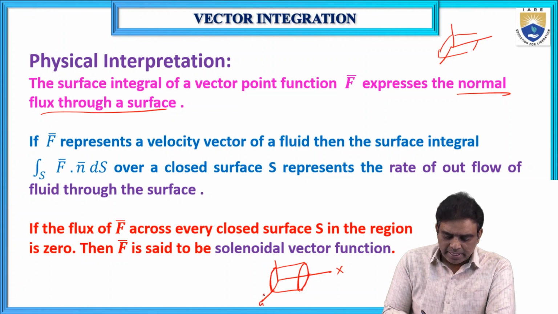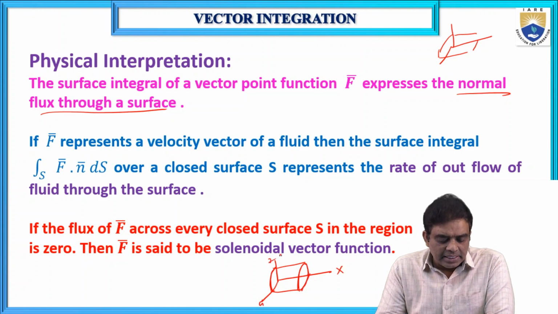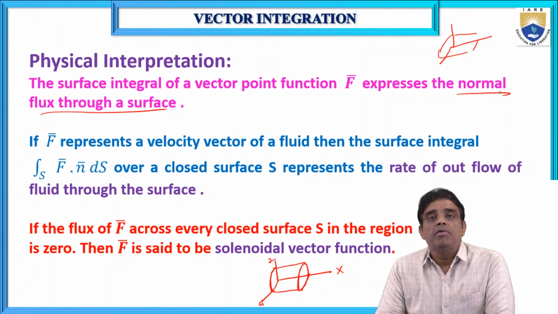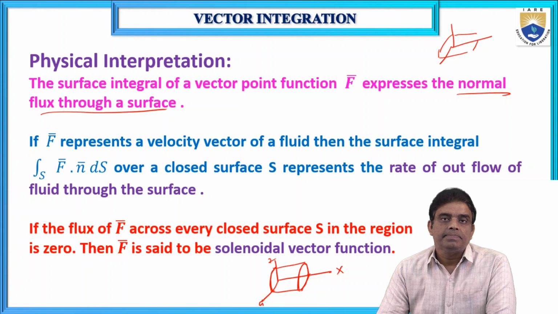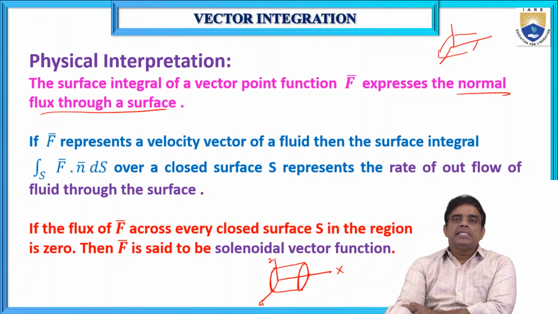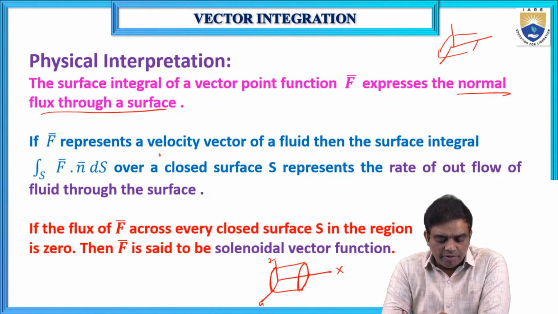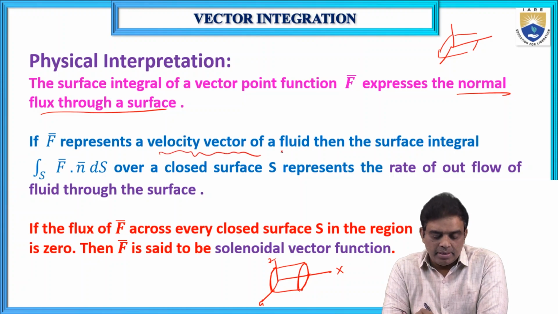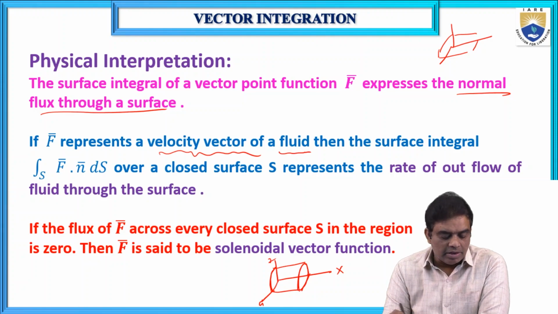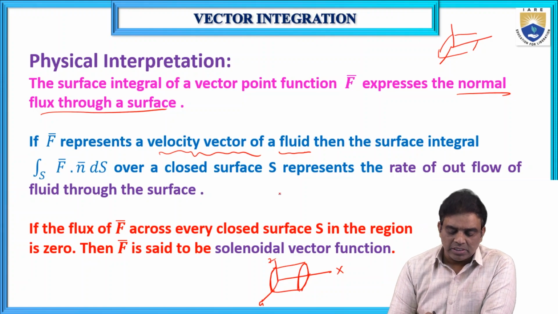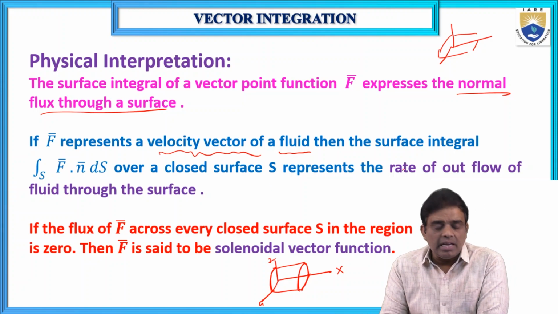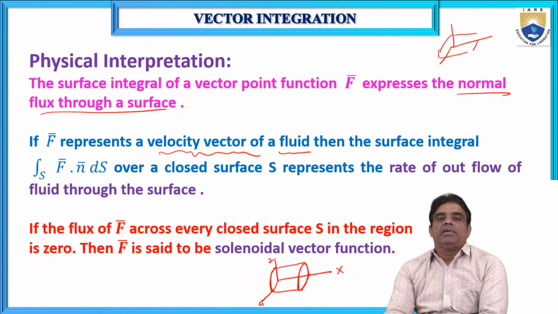So this is x, y, z. The surface integral of a vector point function f bar expresses the normal flux through a surface. That is, if f bar represents the velocity vector of a fluid, then the surface integral over S of f bar dot n cap into ds over the closed surface S represents the rate of outflow of fluid through the surface.